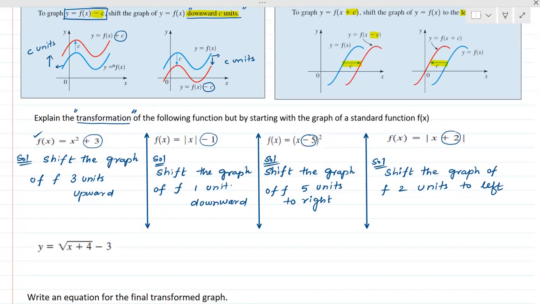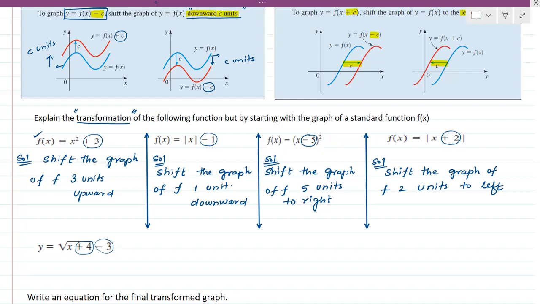But in the next problem, we will have two translations. What are they? The inside is plus 4 and the outside is minus 3. So how will you write the translation for this problem?